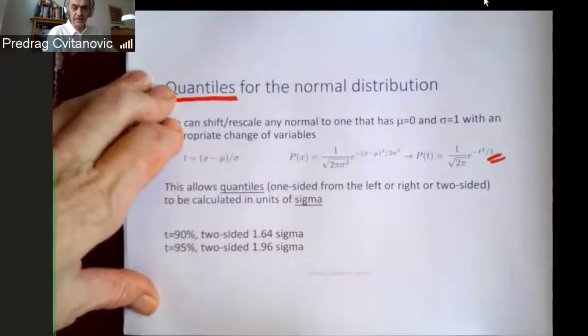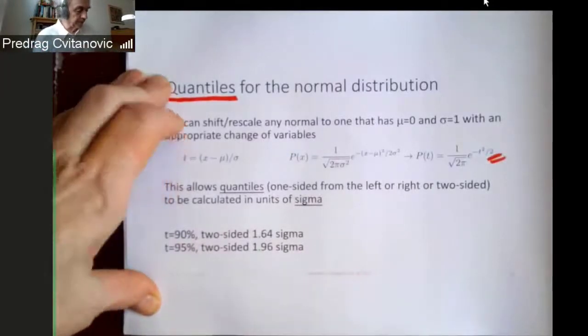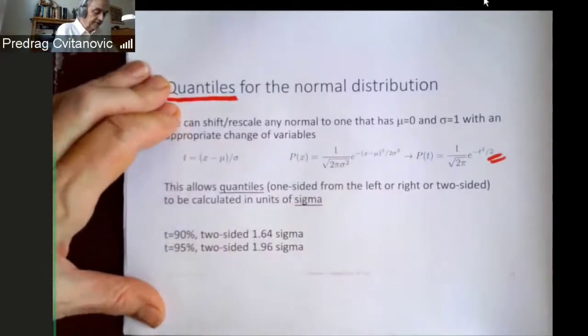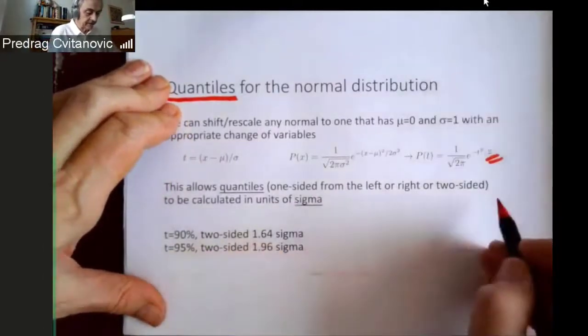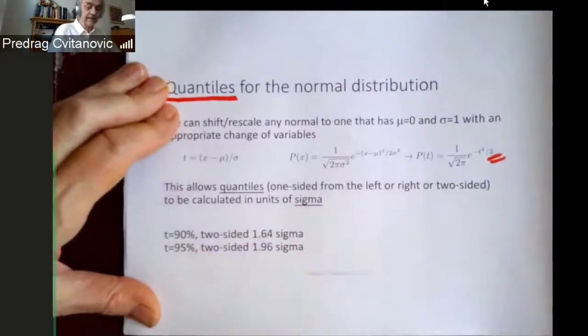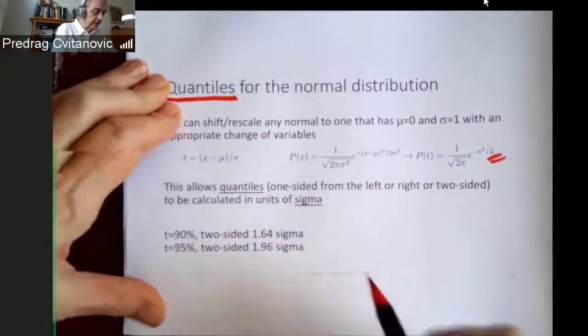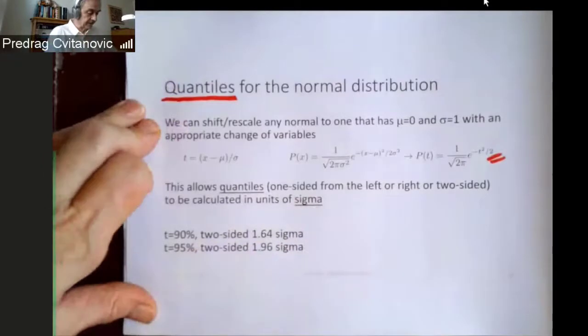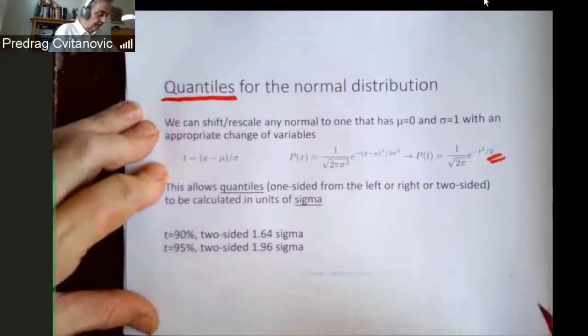And then you can discuss any experiments in terms of quantiles. And they can be one-sided from the left or right or two-sided. And they can always be computed in units of sigma, which is the standard deviation, not the variance.